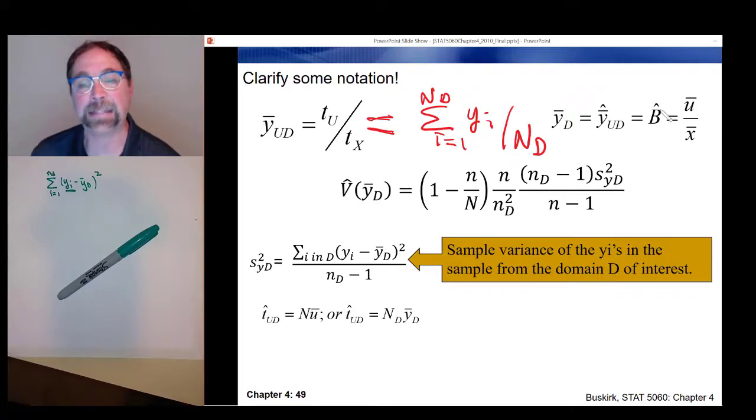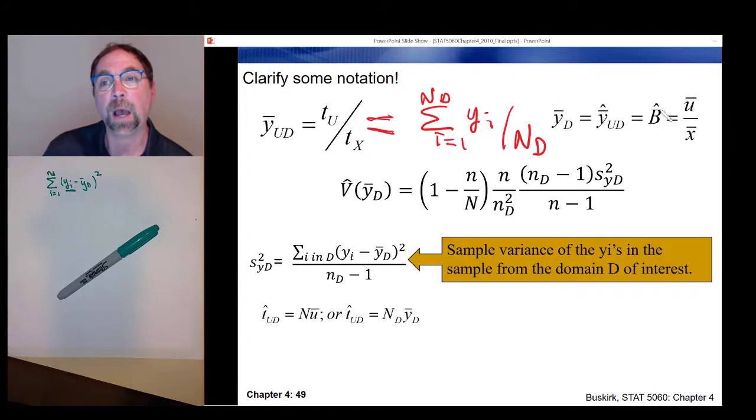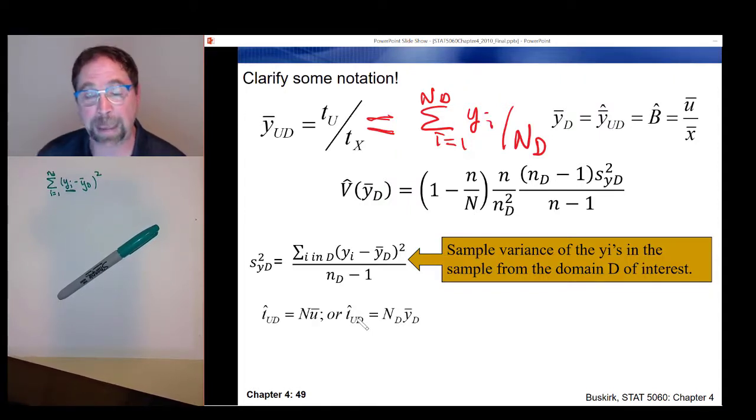Basically, the b hat is telling you the value of y per unit in the subdomain, multiplied by the number of units in the subdomain, gives you an estimate of the total outcome variable of interest in that domain.